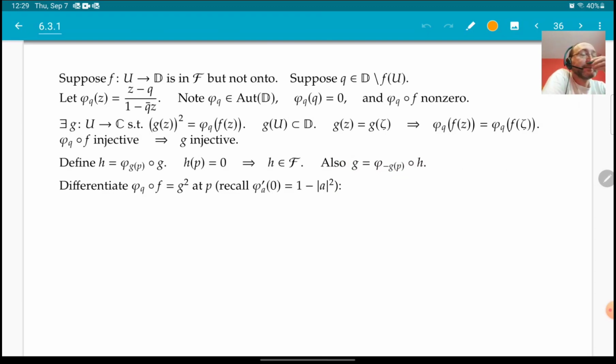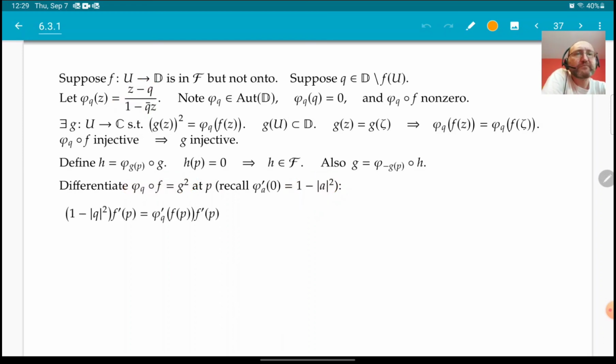Okay, so let's differentiate this equation at p. And let's recall that if I have phi sub a for any a, and I differentiate it and set z to be 0, then I'm just getting 1 minus the mod of a squared. That's just a direct computation from this form.